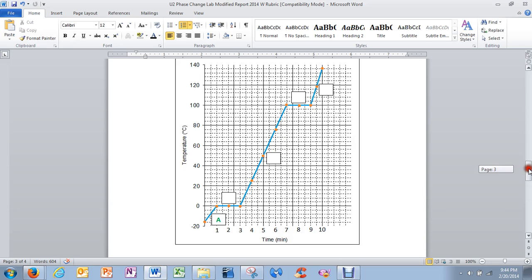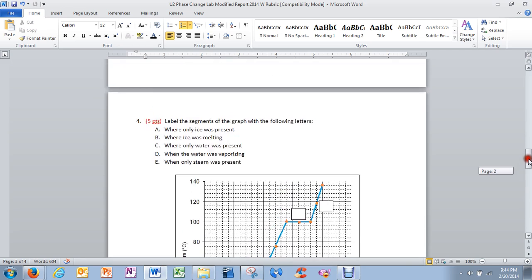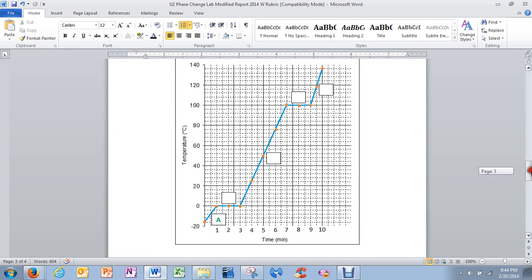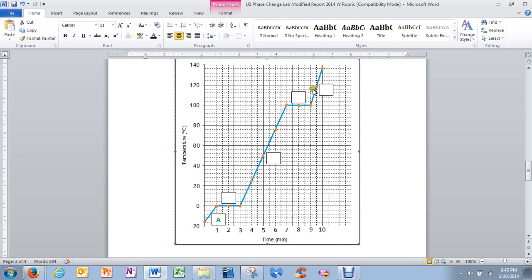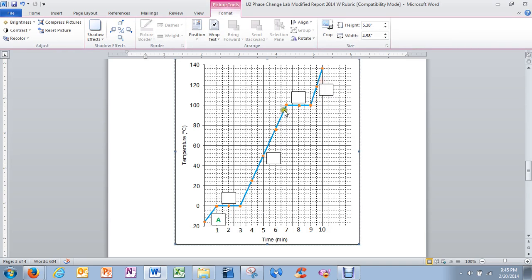What about phase change is so special that temperatures stay the same? And it doesn't matter whether you're going from gas up here to liquid down here, from liquid down here to gas up here, the phase change always occurs at this temperature for water, 100 degrees Celsius.